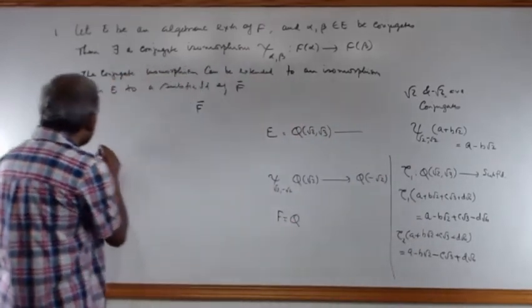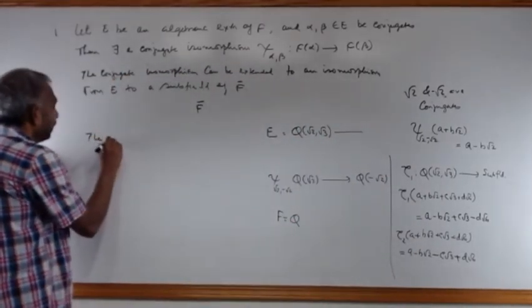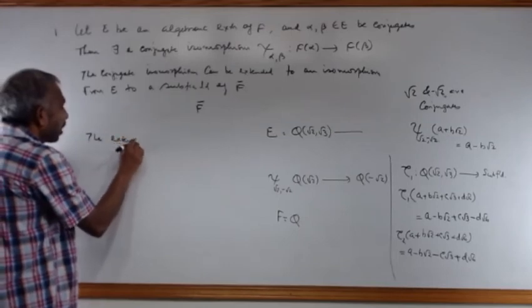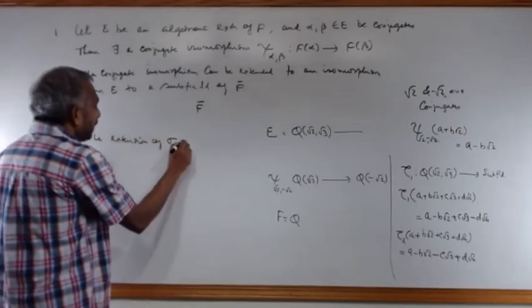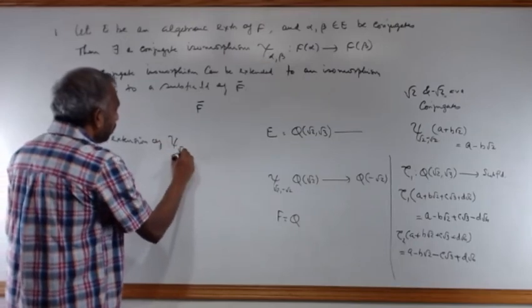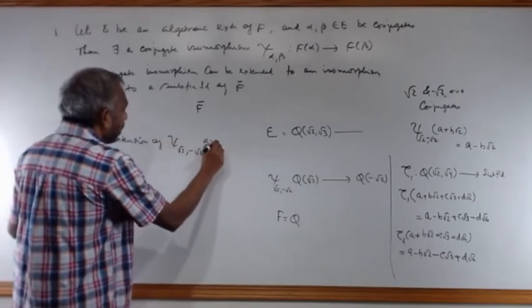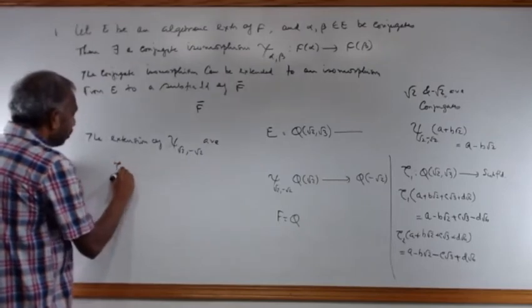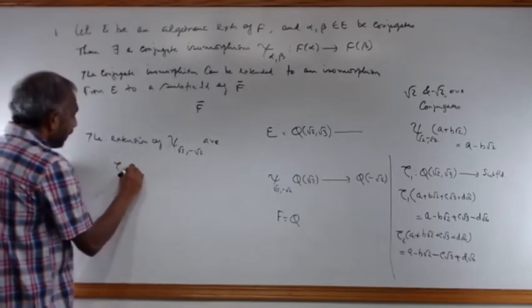So the extensions of psi root 2 comma minus root 2 are tau 1 and tau 2.